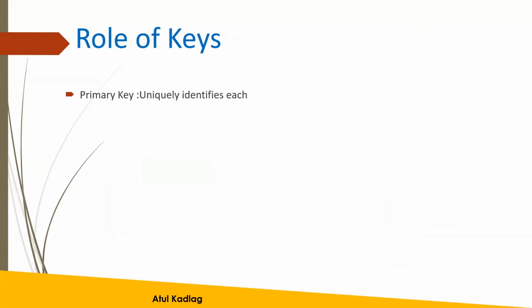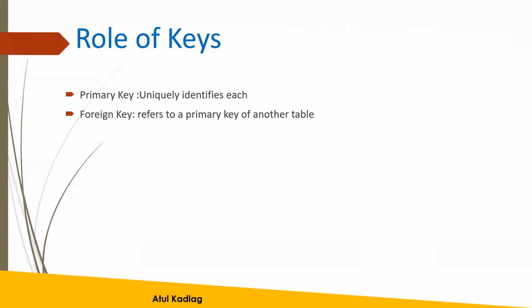For this, keys play a role, where primary key and foreign key are two important aspects. A primary key, as we understood, uniquely identifies each of the values in the table, and a foreign key refers to the primary key of another table.